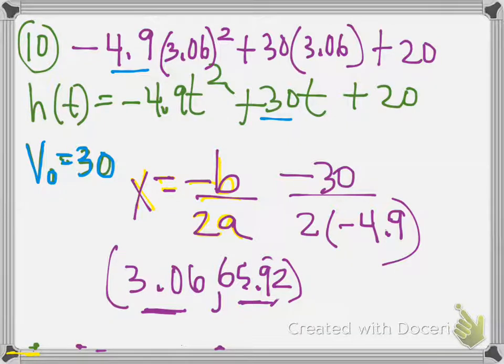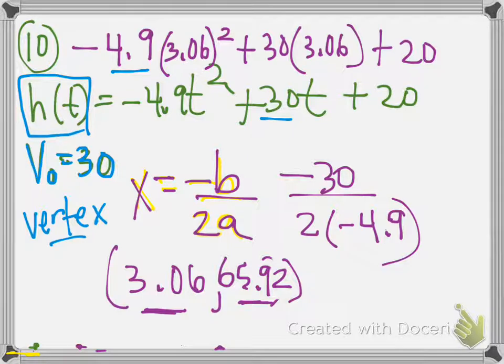You got to remember that this height is height after time takes place. So this is the equation, and I want to find the maximum height of the ball. So you got to remember that when you find maximum height of the ball, you're finding the vertex of the parabola. And I do negative b over 2a. I get negative 30 over 2 times negative 4.9.